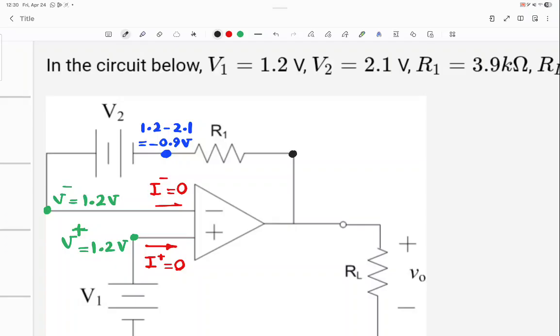What's the equation for voltage drop across a resistor? Ohm's law, Ri. What's the current passing through R1? 0. Why? Because it's in the same loop as the negative terminal of the op amp and there is no current there. So the current passing through R1 is 0, so the voltage drop across it is 0. So it means that the black node is also negative 0.9 volts. What is VO then? Negative 0.9 volts.